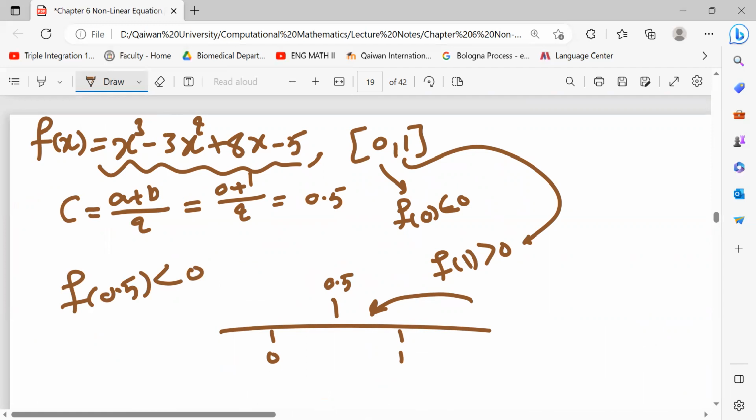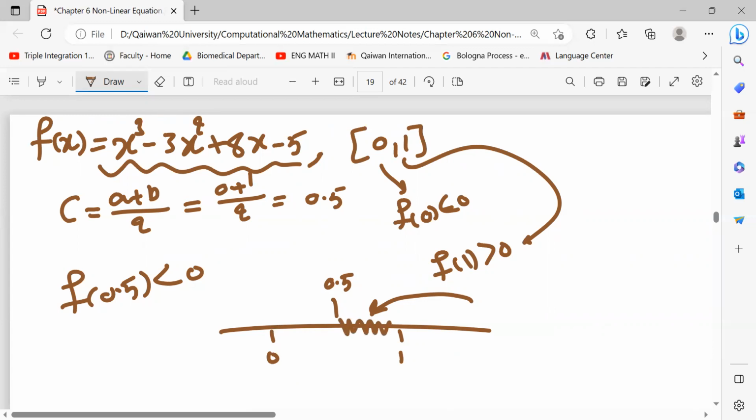Is it 0, 0.5 or 0.5, 1? It's 0.5, 1, because f of 1 is positive and f of 0.5 is negative. We take the one which has opposite sign. So our new interval is 0.5 and 1.